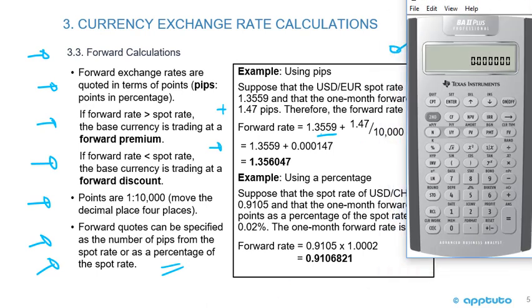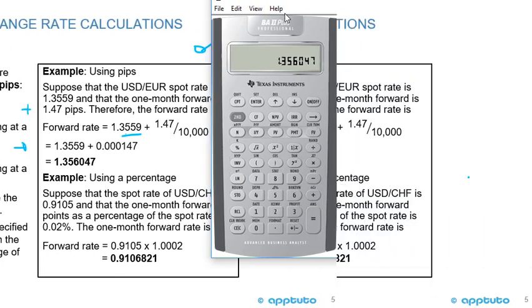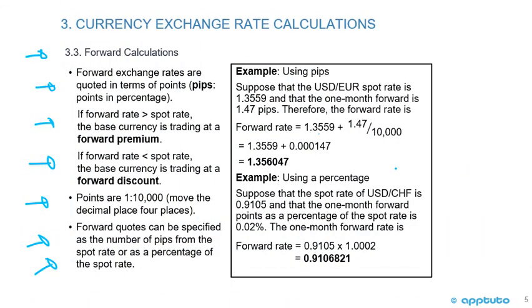So if I bring up the calculator here very quickly, I'm going to do 1.47 divided by 10,000, okay? And I'm just going to add that to the spot rate of 1.3559, and I'm going to get 1.356047, okay?